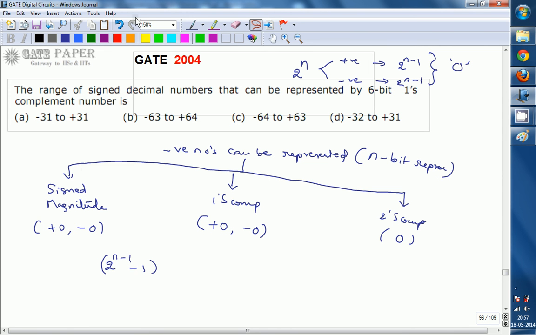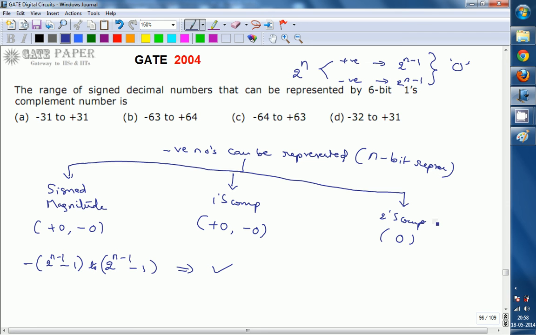So here the range is going to be represented in this way: minus of (2 power n minus 1, minus 1) to (2 power n minus 1, minus 1). The same range is also valid for both 1's complement and signed magnitude, because both have one positive 0 and one negative 0. So the range of signed magnitude and the range of 1's complement are the same.